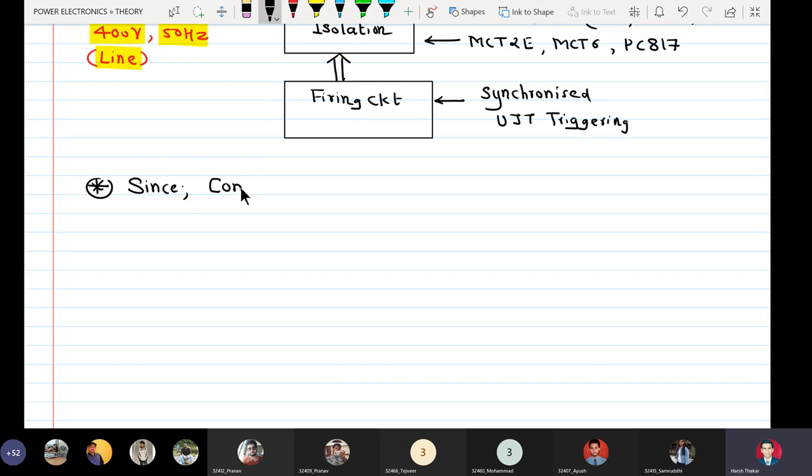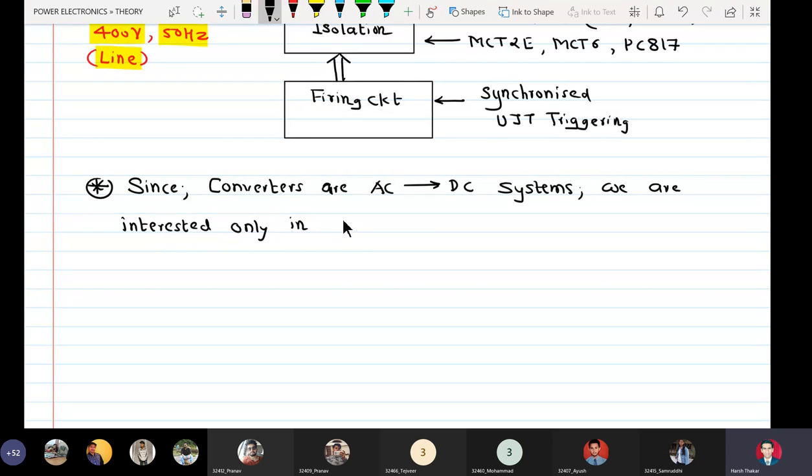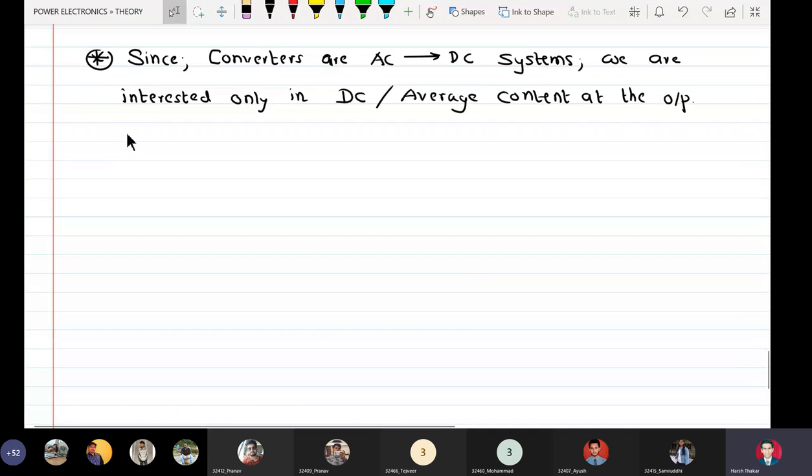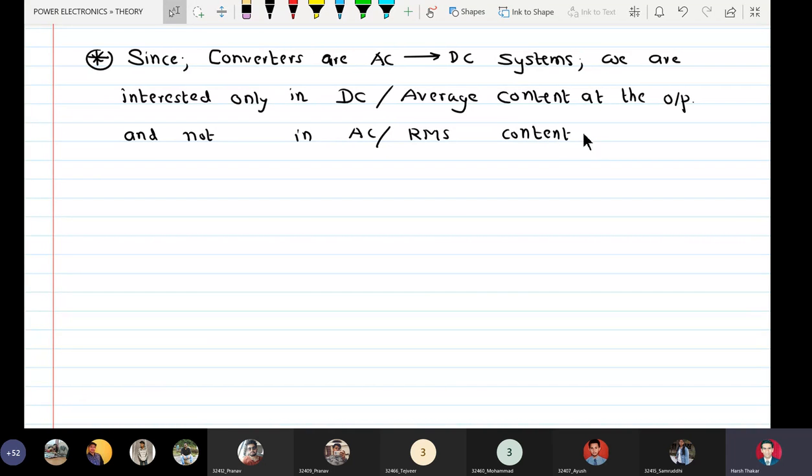Since converters are AC to DC systems, we are interested only in the DC or average content at the output, and not in the AC or RMS content at the output.